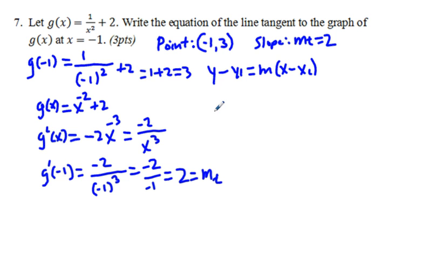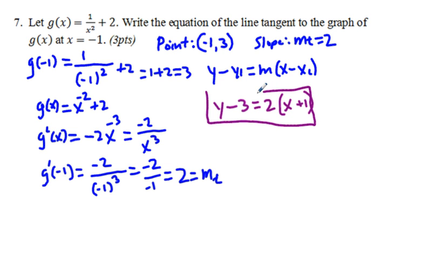And that's going to be, in this case, y minus 3 equals m, or the slope, times quantity x minus negative 1, so we'll say plus 1 here, and this is going to be in point slope form. We could go ahead and find the slope intercept form, but this is sufficient right here.